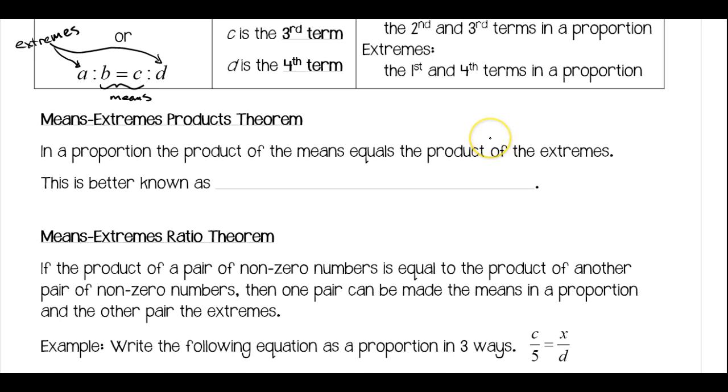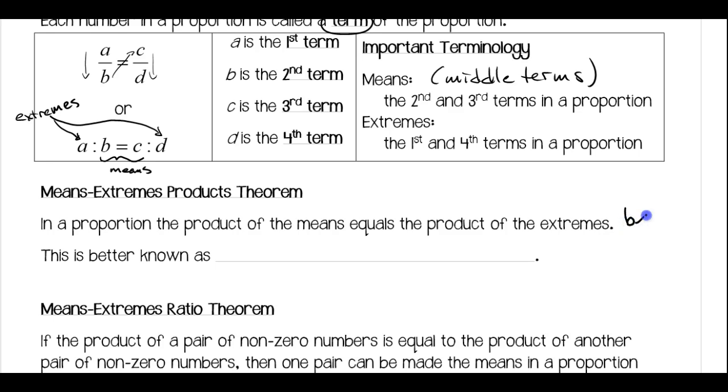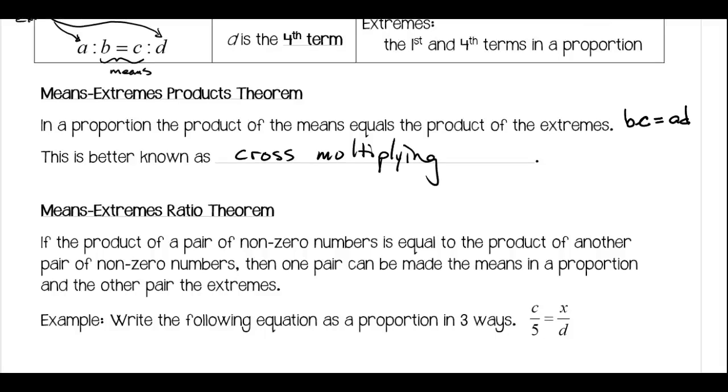So if we use our proportion above, the product of the means is B times C, and the product of the extremes is A times D. So really you probably just know this as cross multiplying. We will use this a little bit in proofs, so keep that in mind if you want to add it to your theorem sheets. So that's the means extremes products theorem.